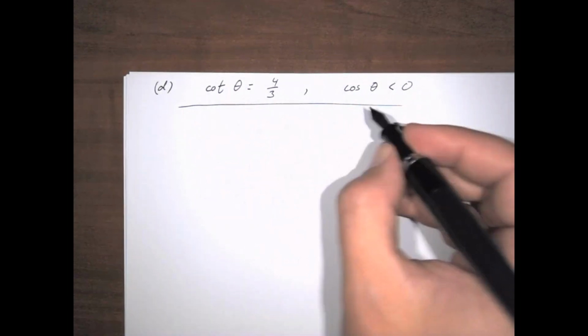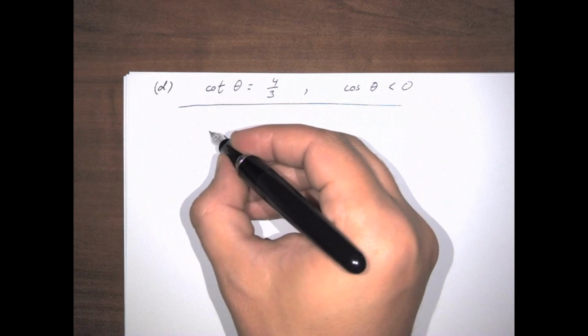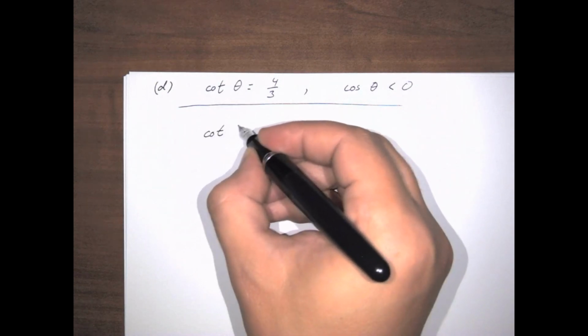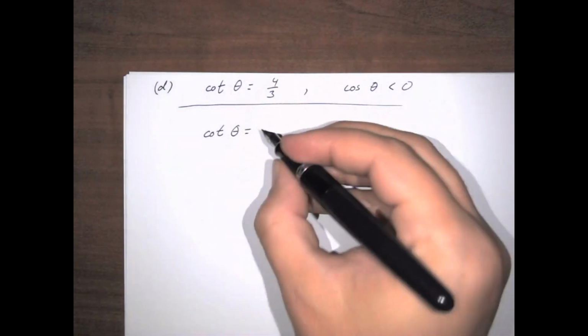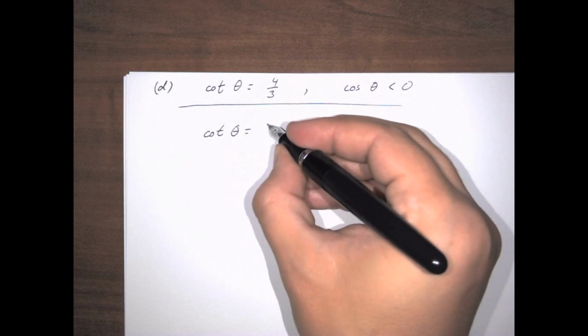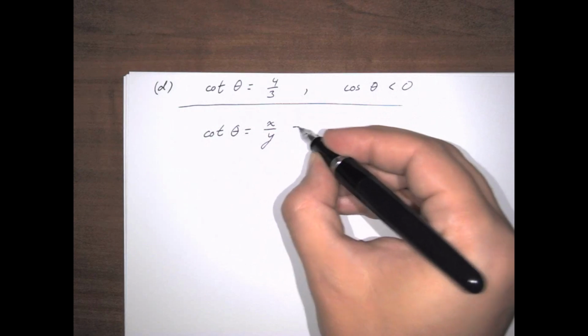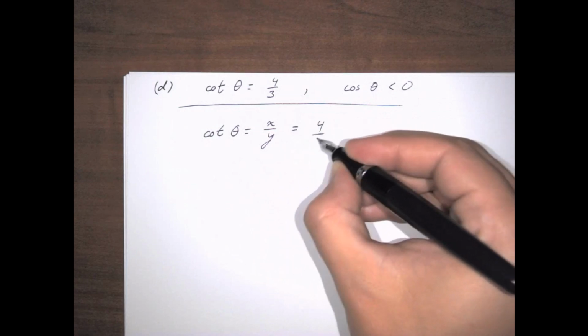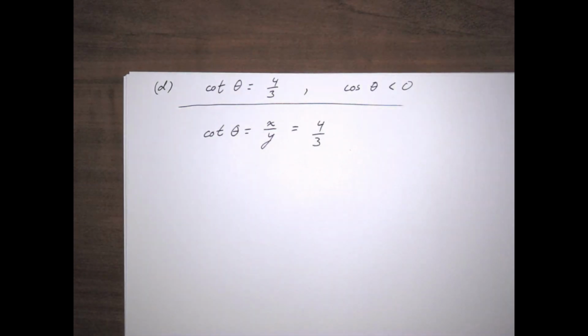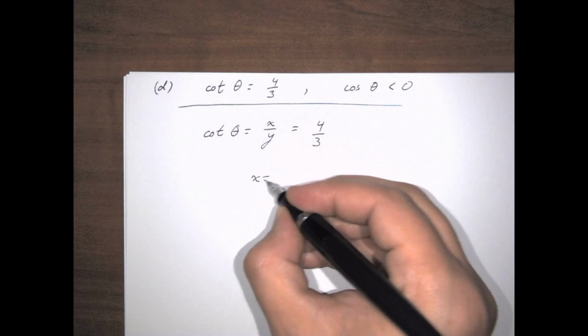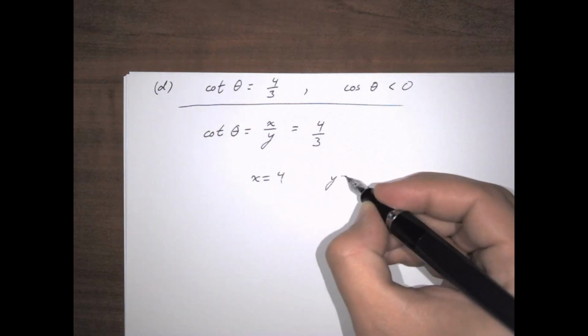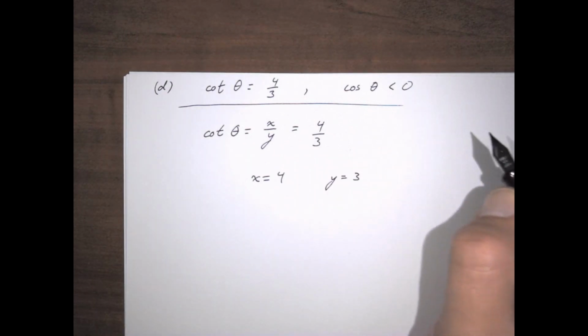So first off, cotangent theta is equal to x over y. You might be tempted to just go straight away for x equals 4, y equals 3. That might seem very tempting.